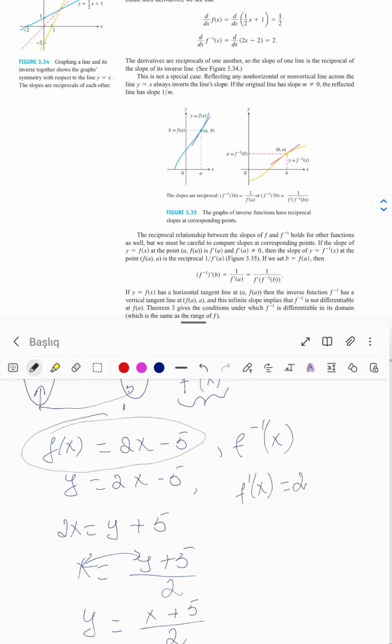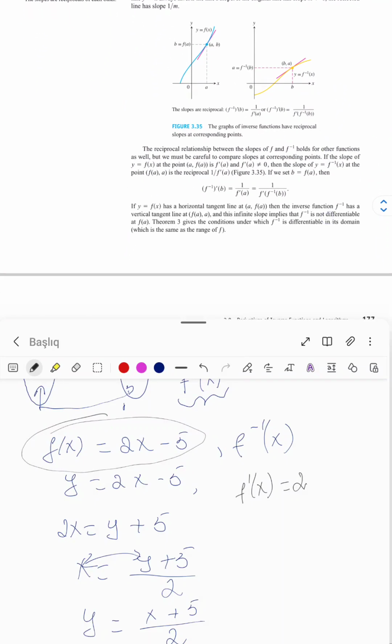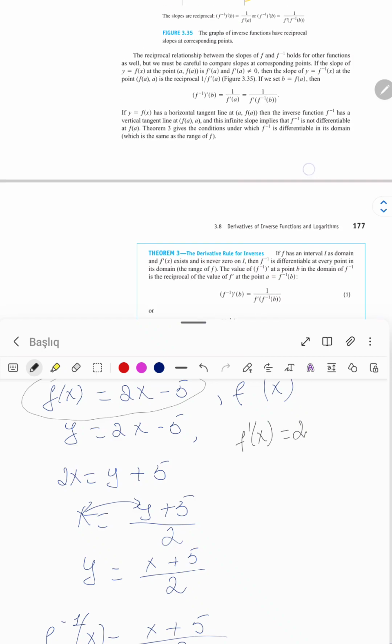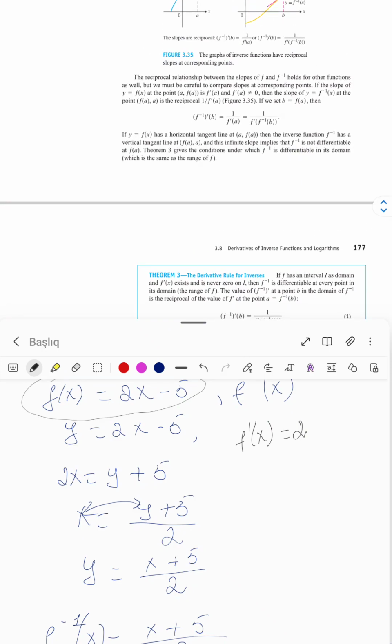What does that mean? It means, let's say we don't know what the function is. Let's say we have complex functions, and to find the derivative of the inverse of that function, we have to first find the inverse and then find the derivative, but it will take a lot of time. To solve that problem, we have a formula, or you can say a rule.